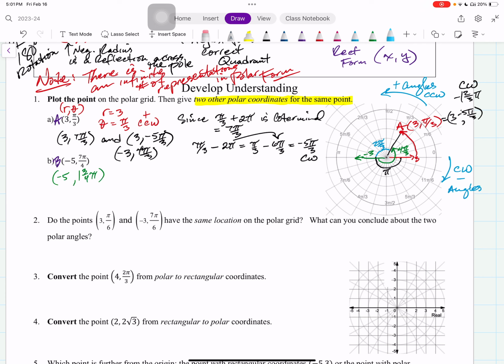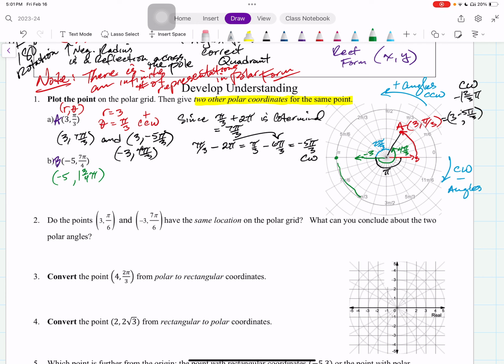All right, so let's see here in green. Go out to the 5th circle to the left: 1, 2, 3, 4, 5. That's on the dark one right there. So go out to here, and then rotate 1 3/4 pi.